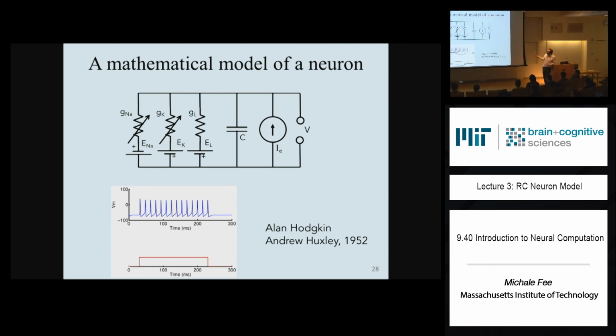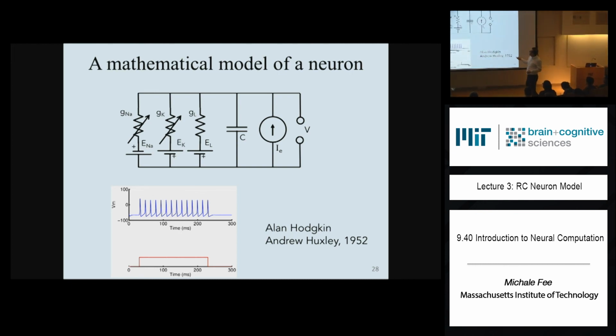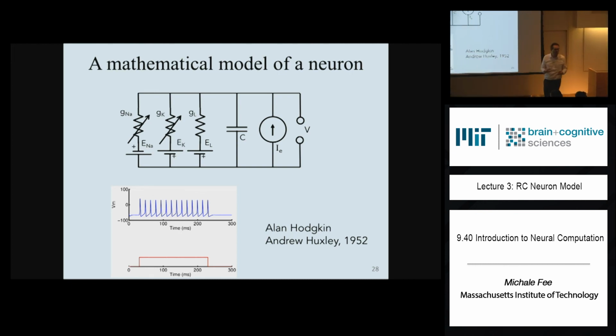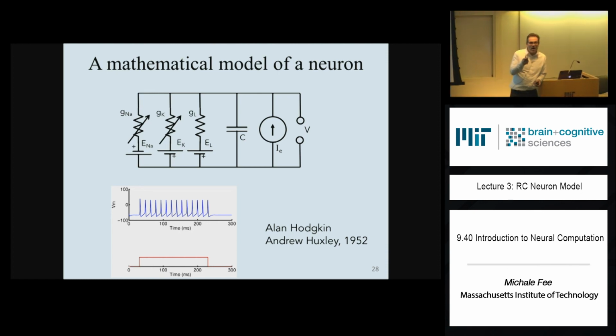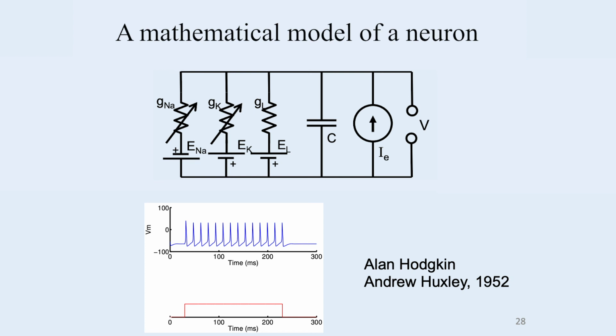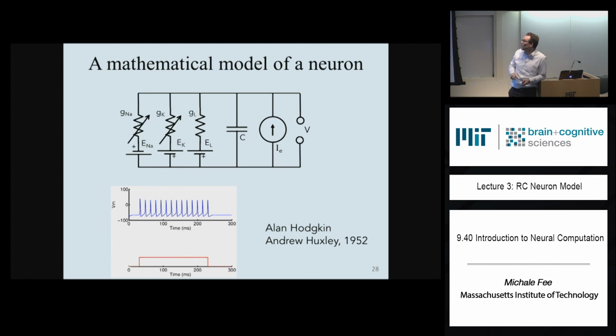But the framework that Hodgkin-Huxley developed for describing time-dependent and voltage-dependent conductances is so powerful and commonly used that it's really worth understanding that mathematical description, that physical description of ionic conductances and how they depend on voltage and time. Okay, so that's what we're going to do next.